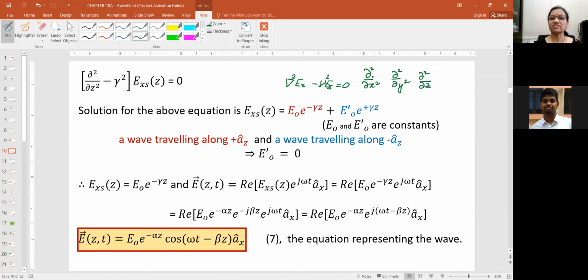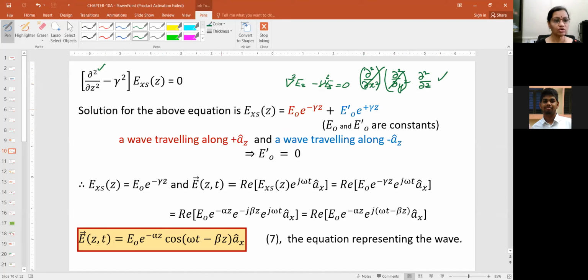You can see that since your electric field is a function of z only, the x and y terms will go. So you're left with only dou square by dou z square. That's the reason why we are writing dou square by dou z square, and then of course minus gamma square Exs(z) is going to be equal to 0.